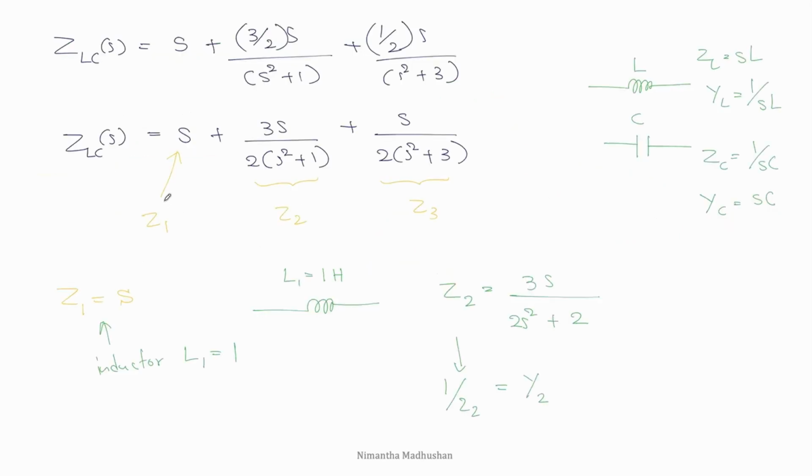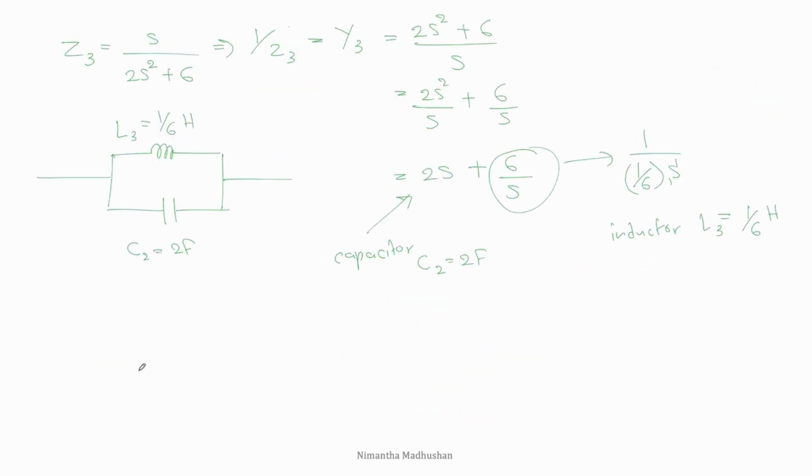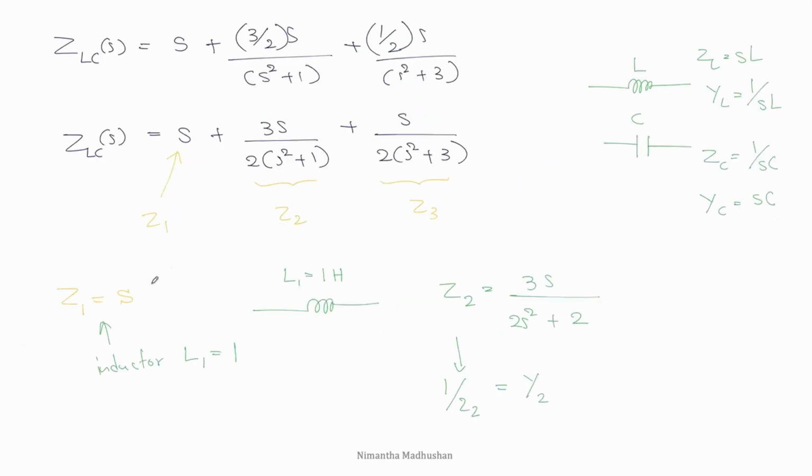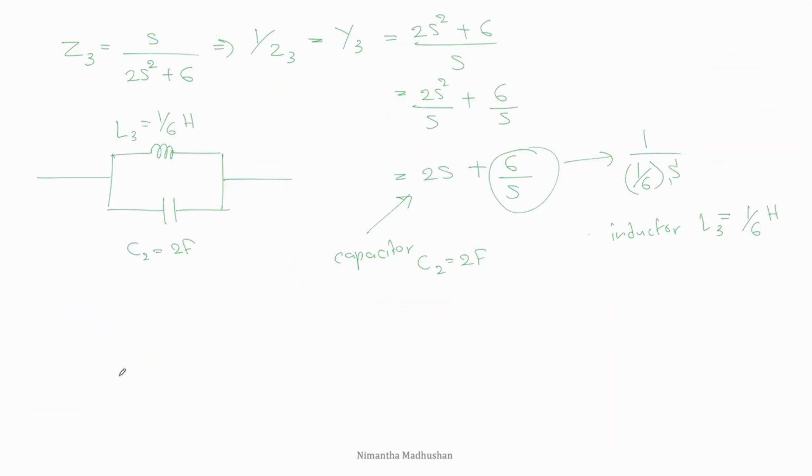Now all three small impedance values are completed. Now we have to connect all three impedance values. Here all are plus, so all three impedance values are connected in series. Then we can draw the final circuit diagram. The first element is an inductor.